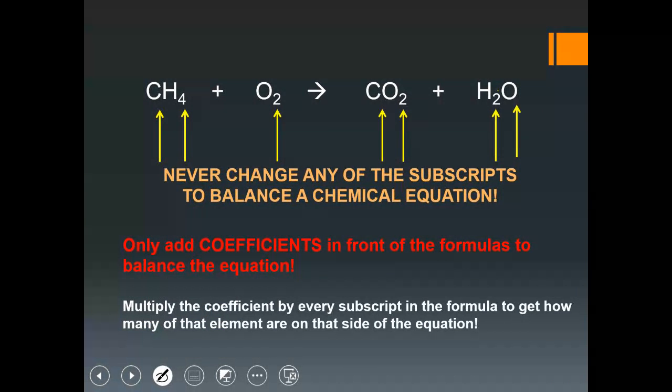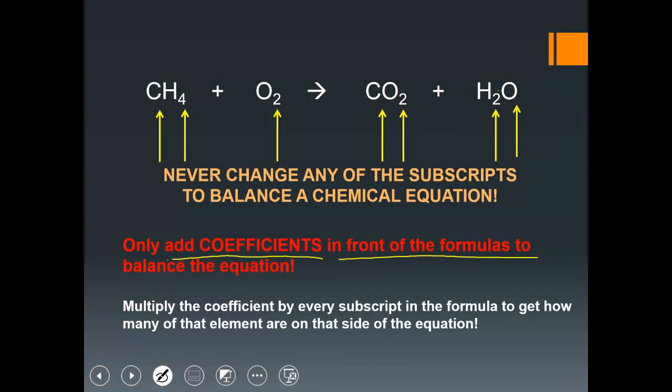The only thing we can do is we can add coefficients, which are in front of the formulas, to get the equation balanced. So for example, if we need 4 hydrogens over here on the right, the thing to do is to have 2 separate water molecules.